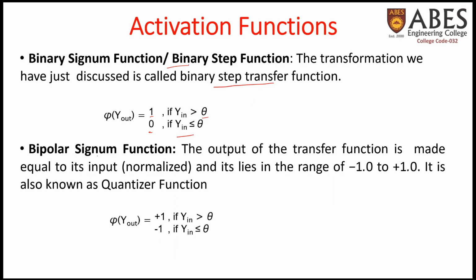In this bipolar signum function, there are two poles, -1 and +1. In case of +1, yn is greater than theta, and if the value of yn is less than or equal to theta, then the value of y out is -1. So the value range lies between -1 and +1. It is also known as the quantizer function.